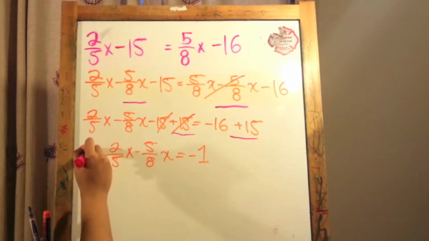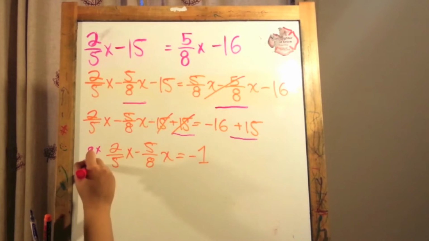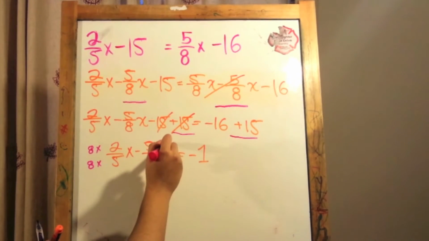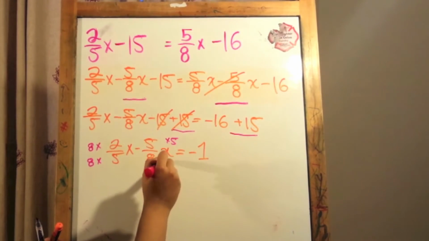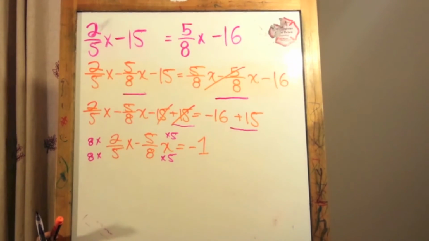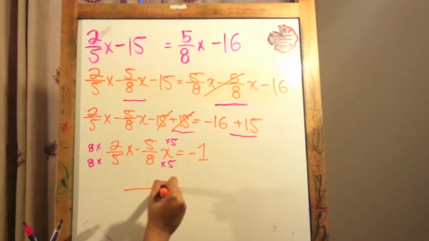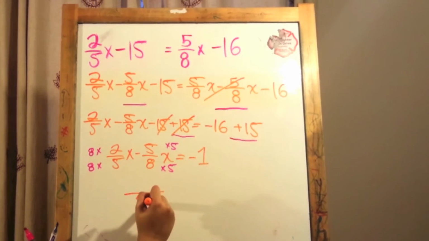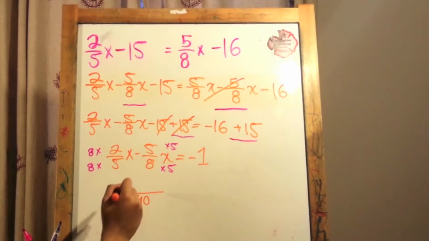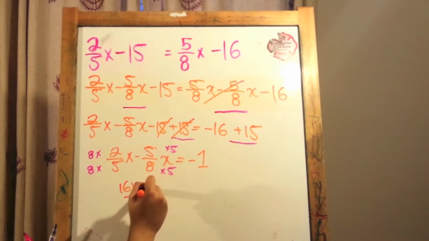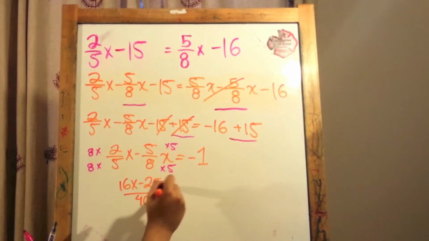Okay, so now we have to make a common denominator. The common denominator between 5 and 8 is 40. So we multiply 2 by 8 and 5 by 8. And 5 by 5 and 8 by 5. So we made a common denominator of 40, and the numerator ends up being 16x minus 25x.